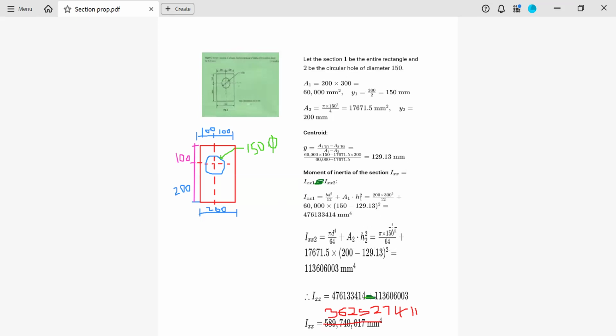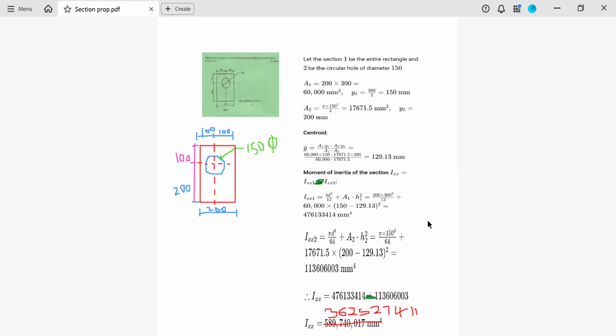So this will give us pi times 150 power 4 over 64 plus area, which was 17,671.5, multiplied by y2, which was 200 to the center line of the hole, minus y bar, which was 129.13, all squared. This will give us about 113,606.3 centimeter power 4, for remember, moment of inertia is given in terms of units power 4.